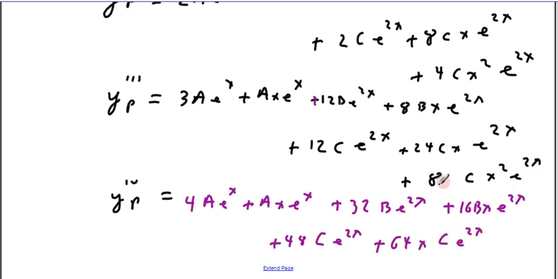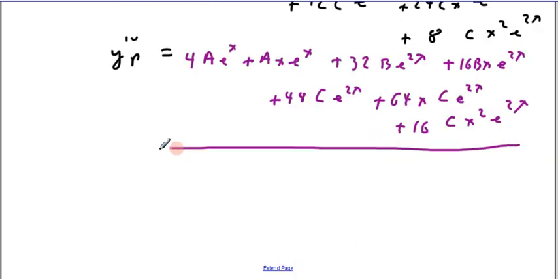And then I got 16cx squared e to the 2x. Now, if I did that right, then I have a chance of getting it right.